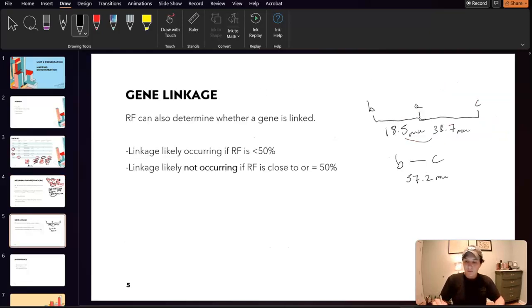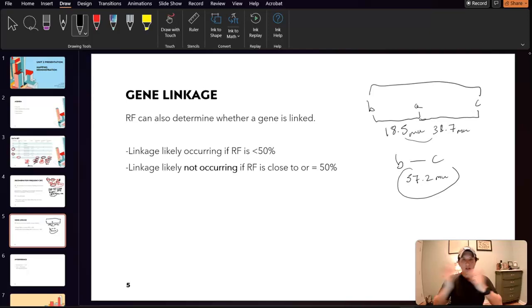So from B to A, 18.5 mapping units, right? Because the recombination frequency is 18.5%. Same with A to C, 38.7 mapping units. And then you can get your total, or your mapping units between B and C from that. So this also relates to gene linkage.